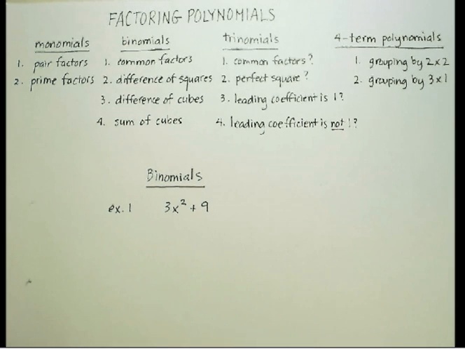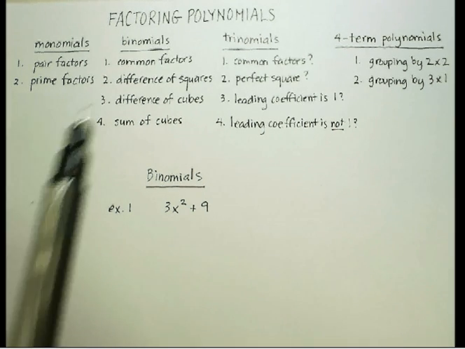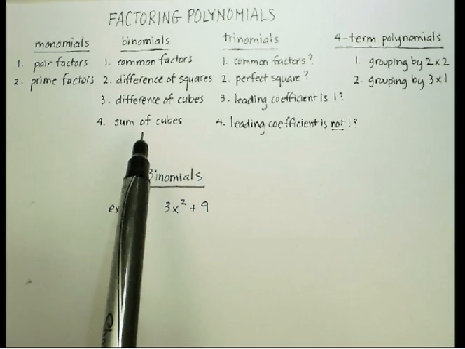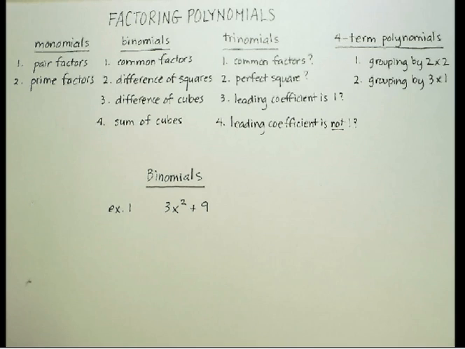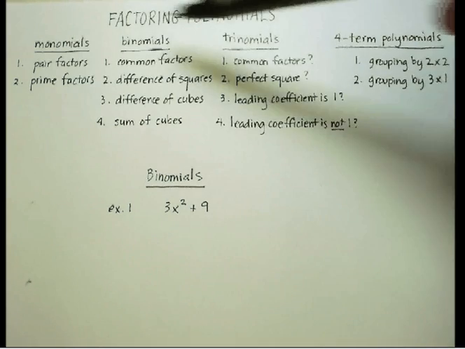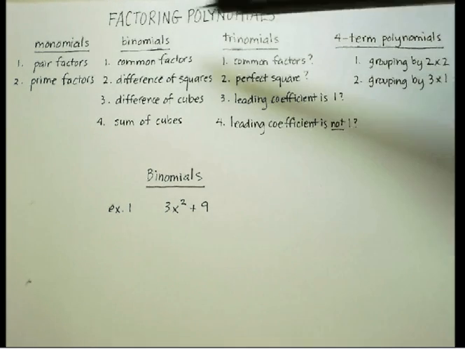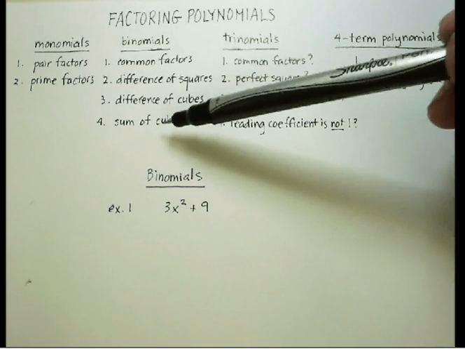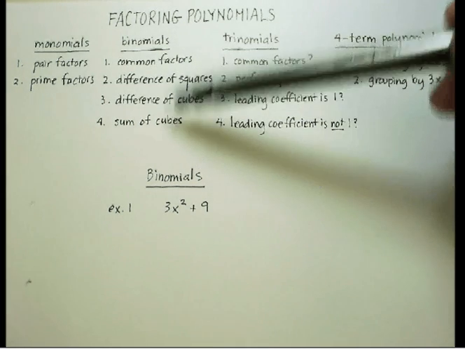Now in this particular video, what I'm going to do is show you how to factor some of the types of binomials that are out there. I call this a graphic organizer. I like to think of this as a pull-down menu. If you use a word processing program, you have the menu along the top, and you click on the particular heading, and out will come the parts that make up that particular heading.